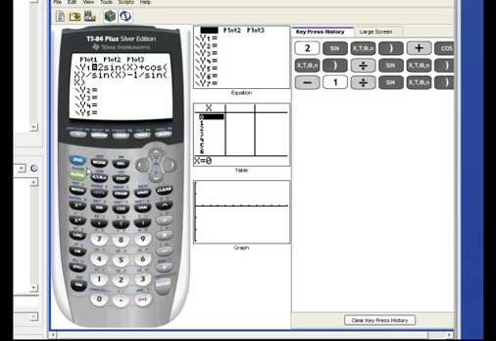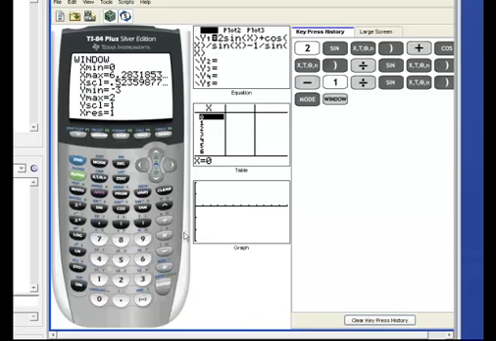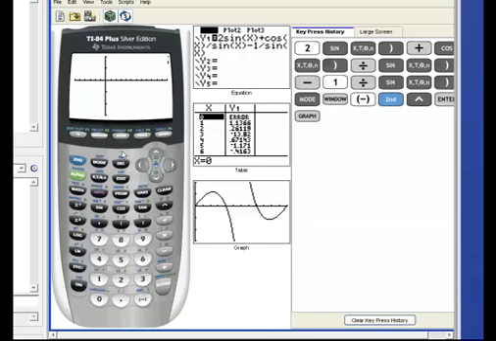And then I'm supposed to be in radians. I am. And my window is, I may want to do this starting at negative pi, because I may want to look at x equals 0. And then the rest should be okay.